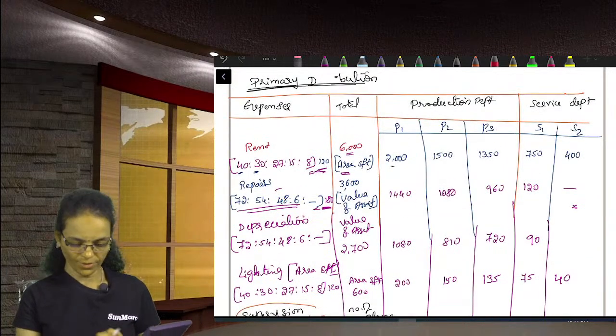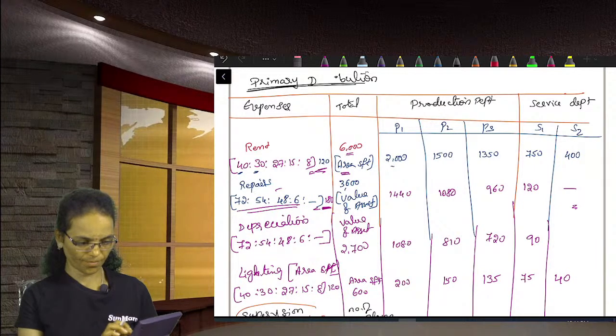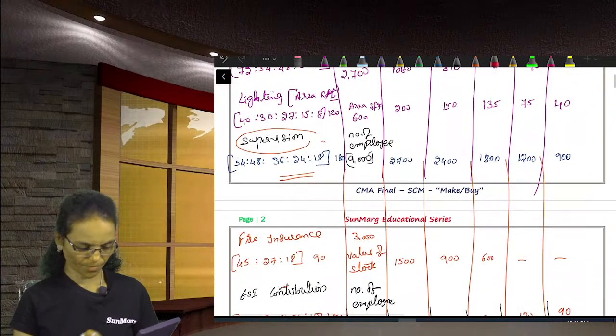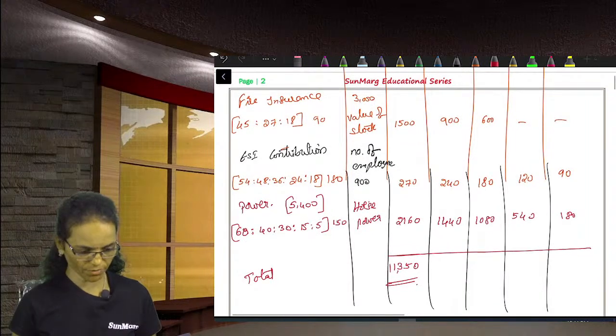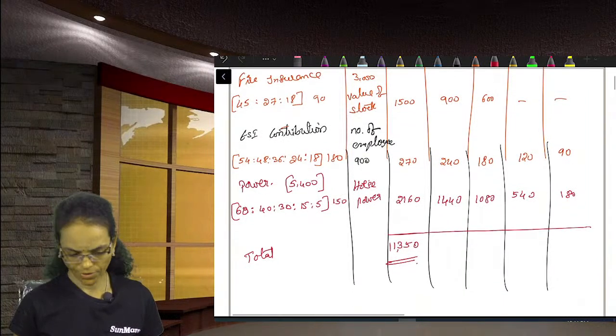Next, 1500 plus 1080 plus 810 plus 200, that is 8,520 rupees.